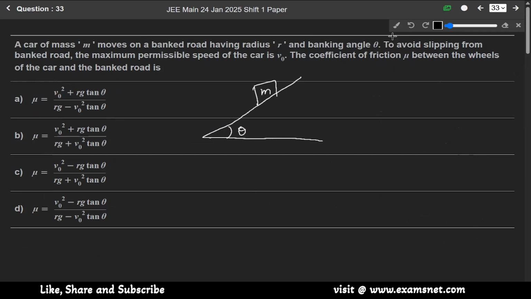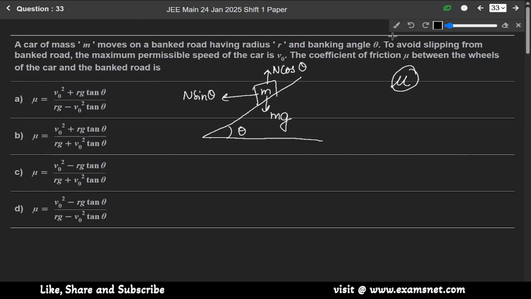Okay, we have to find the coefficient of friction mu between the wheels of the car and the road.